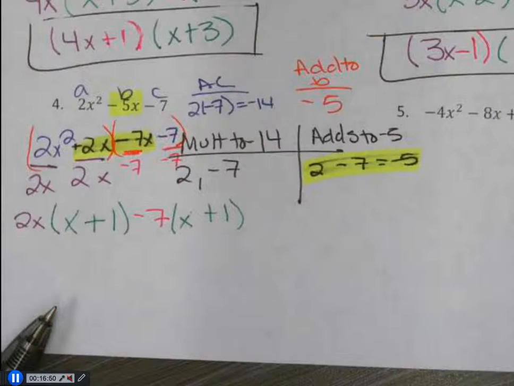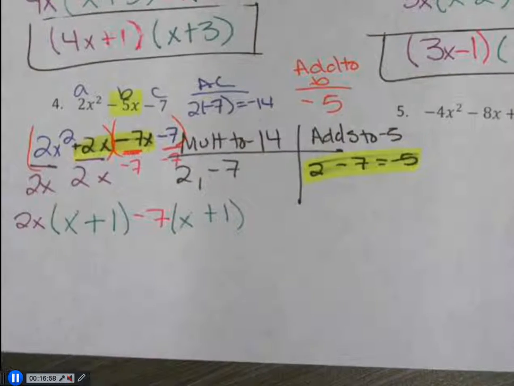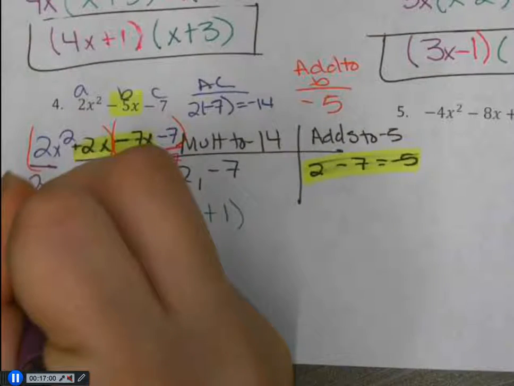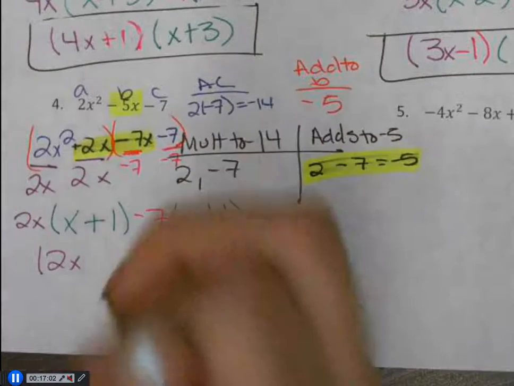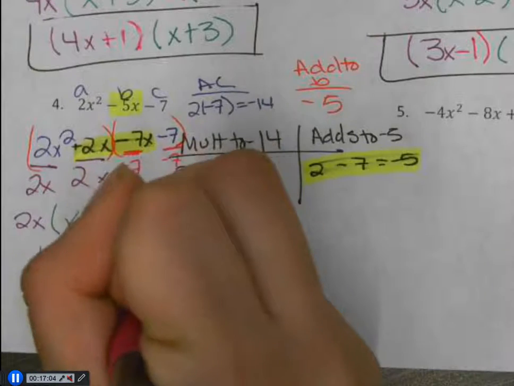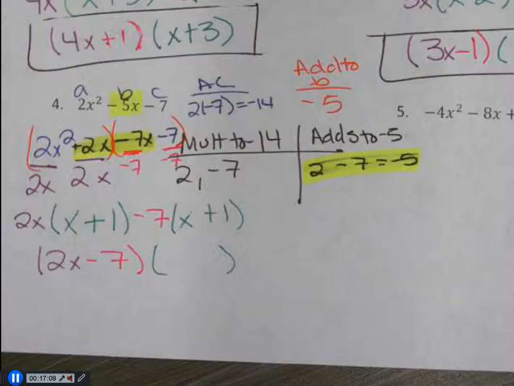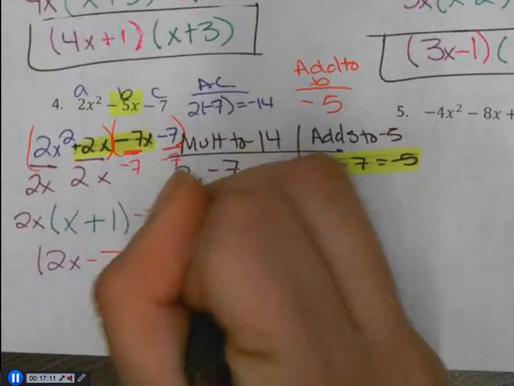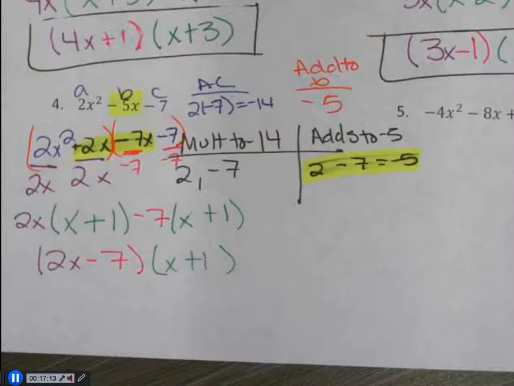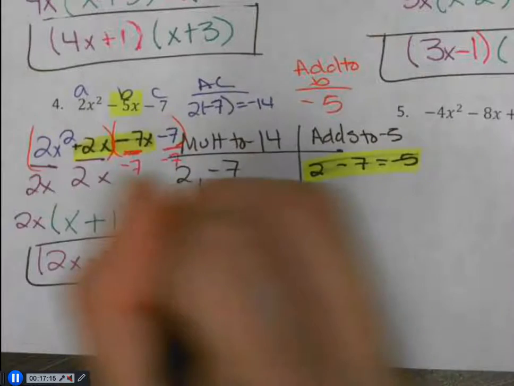Okay. So then, what's my final step on this one? No, I don't divide, I just rewrite. So I put the outside numbers in their own set of parentheses, and then what goes in the second set? Yeah, the other set that I had in parentheses, the x plus 1.